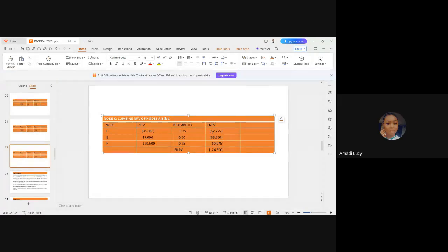Then the ENPV here will be what? Same probability, 0.25 times 35,600, 8,900. And for this we should have 47,500 times 0.5, that is 23,500.